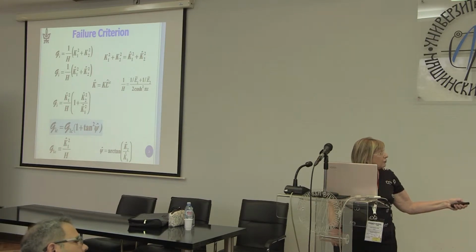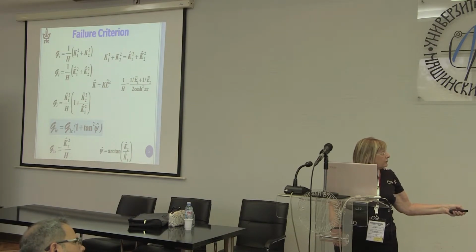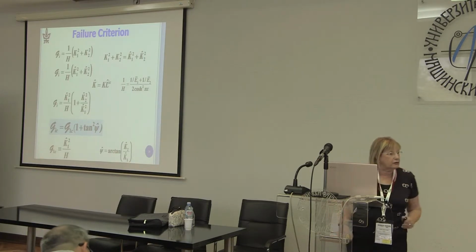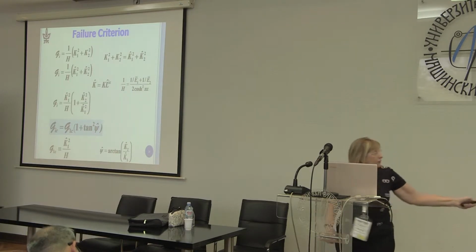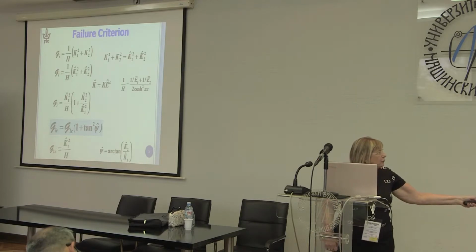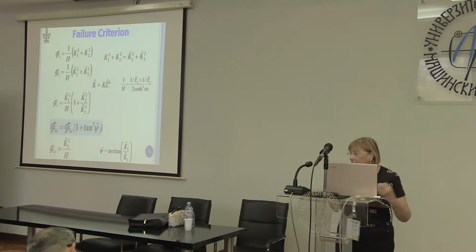So we have tan squared psi hat, and we define G1C as K1 hat squared over H. And so this expression in blue is our failure criterion. And I have to, of course, tell you how it works.